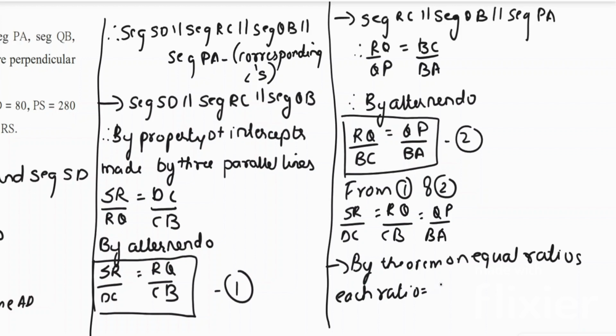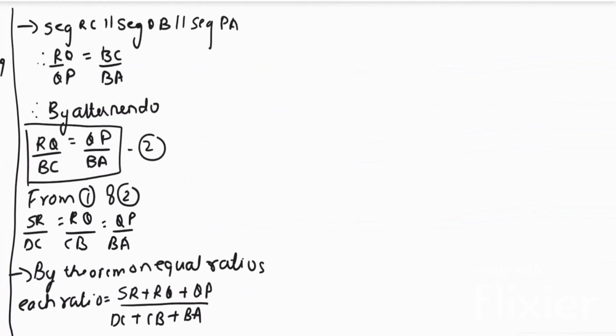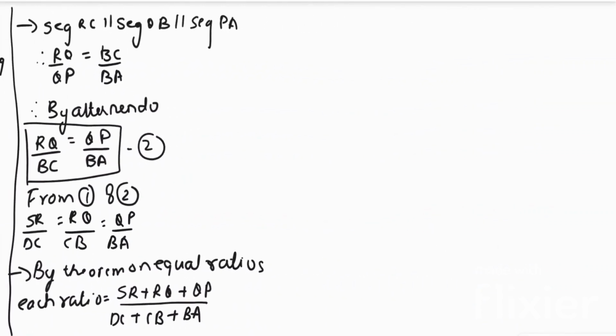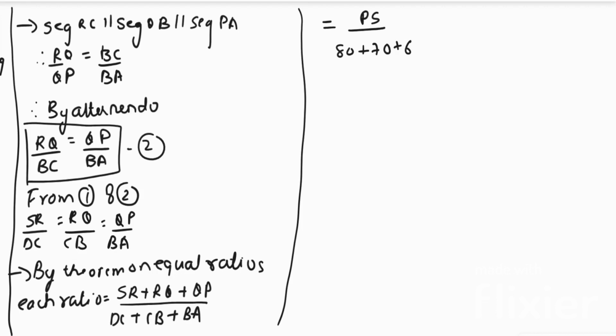So that means SR plus RQ plus QP upon DC plus CB plus BA. Now we will write it ahead. So SR plus RQ plus QP, from the figure you all will get the value as PS, and the value of DC is 80, the value of CB is 70 and the value of BA is 60.